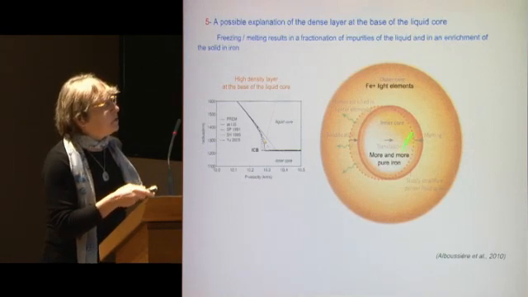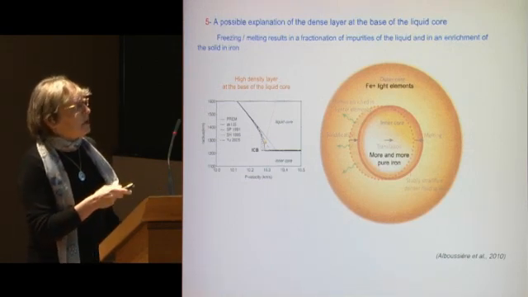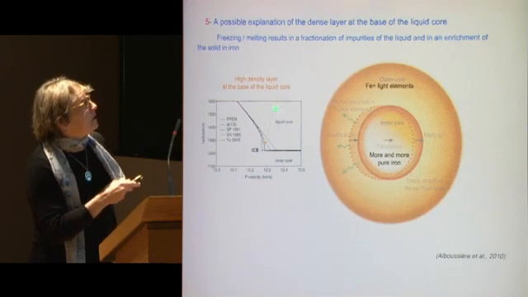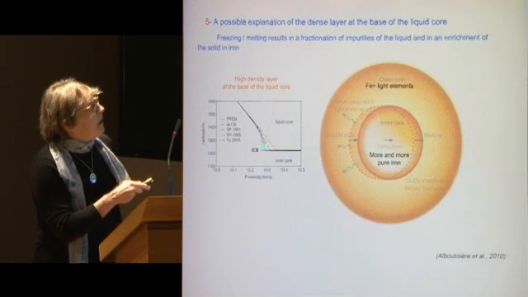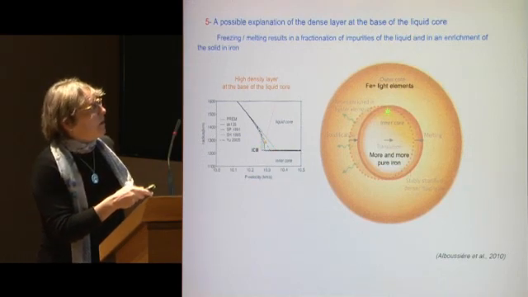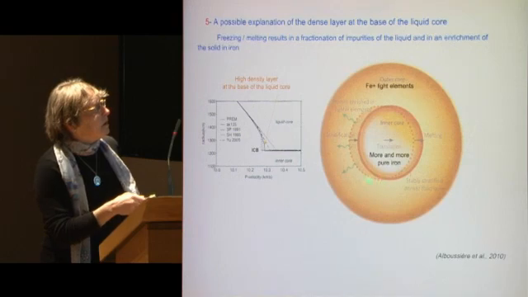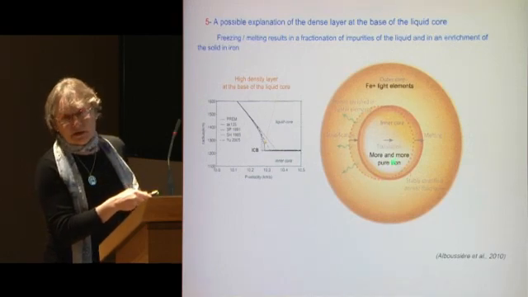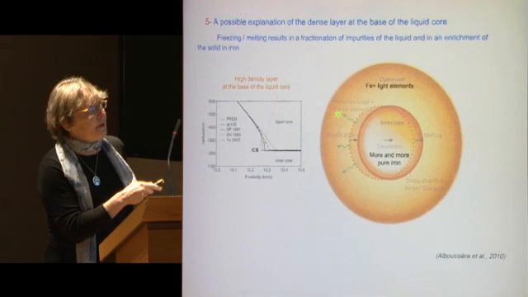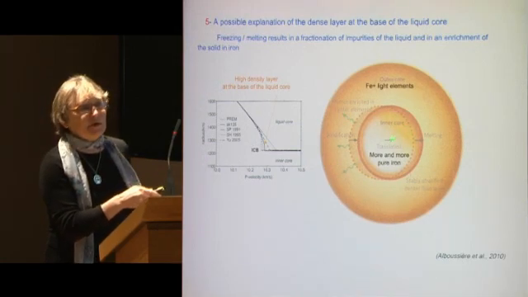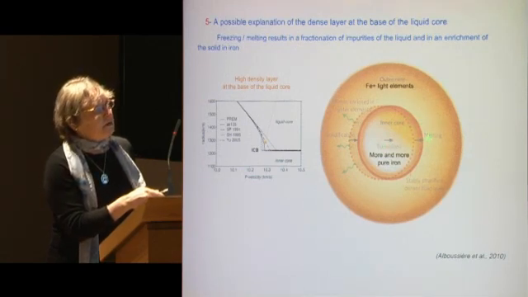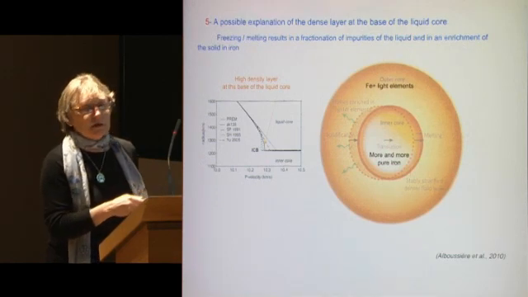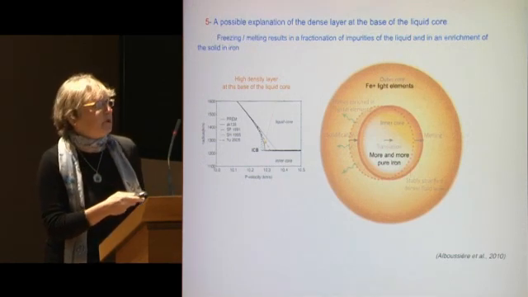This is some work of my colleagues from Lyon, who have also proposed the same model. This layer at the base of the liquid core is well documented. When you freeze the iron with light elements here, it will tend to release light elements, so the inner core will be depleted in light elements. When you melt here, the melt is, of course, also depleted in light elements.